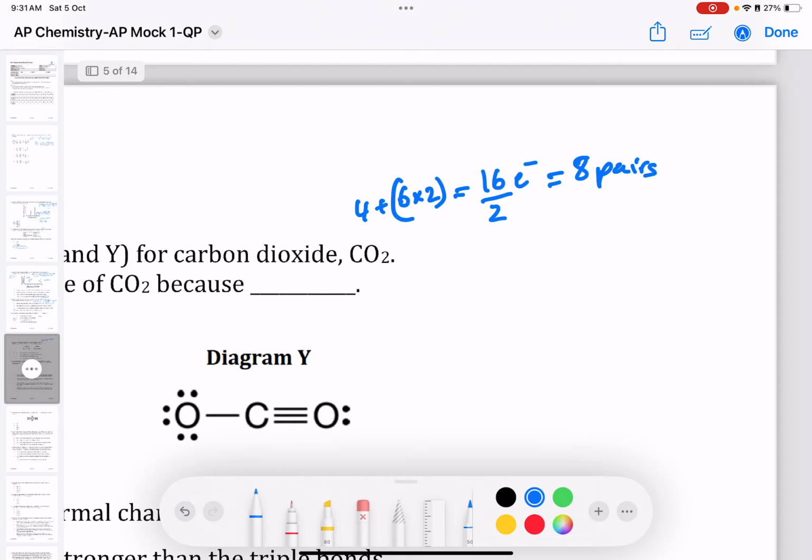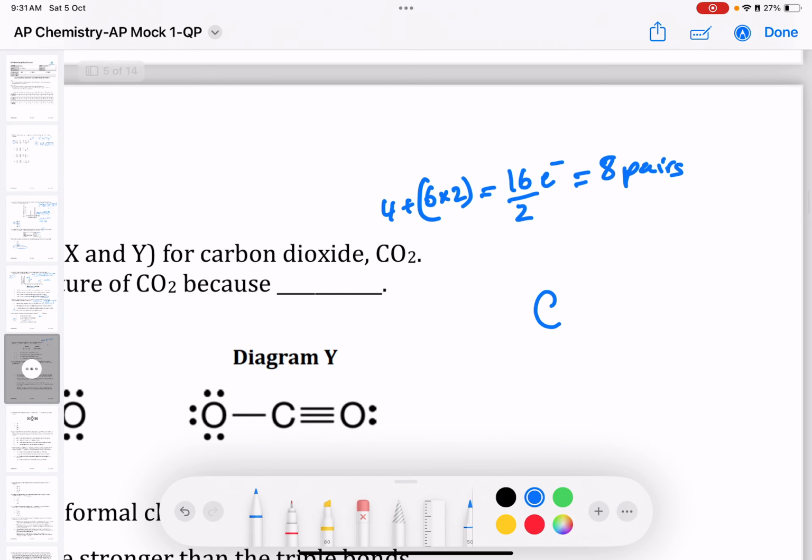We connect the central atom to the terminal atoms, so 2 pairs are distributed. Then we complete the octet of the terminal atoms: 3, 4, 5, 6, 7, 8.